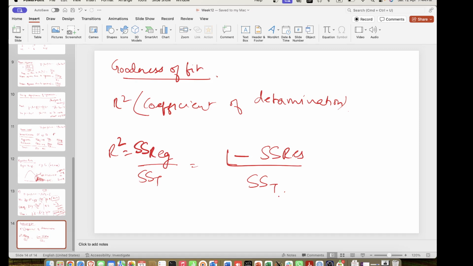So this essentially measures how well the fitted regression line fits the observed data. One thing we have to note is that R square is usually a preferred metric for goodness of fit if our model has an intercept term.